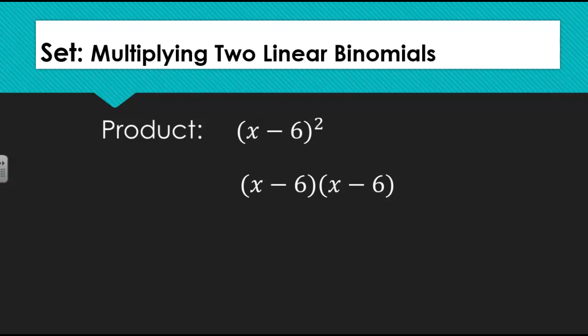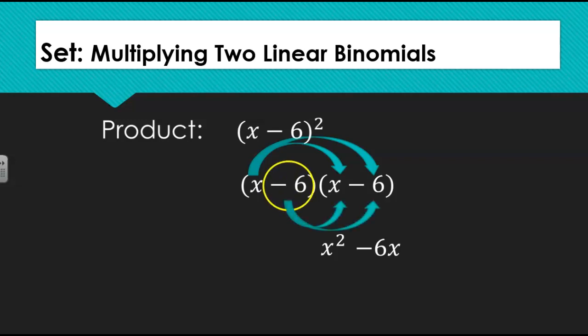We're going to be using the distributive property and taking the first term in our first set of parentheses and distributing that to each of the terms in our second set of parentheses. x times x gives us x squared. x times -6 gives us -6x.